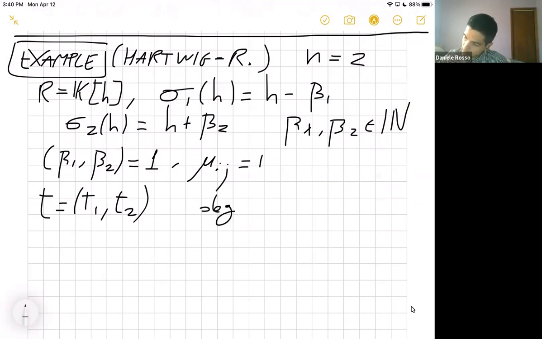The degrees of your two elements t1 and t2: the degree of ti is going to be a multiple of beta i, the same multiple for both. So the degree of t1 is k times beta 1, the degree of t2 is k times beta 2. So the resulting TGWA is k-finitistic.